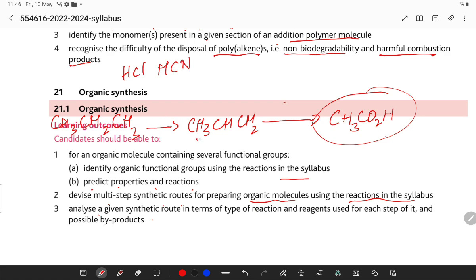So this is alkene, and alkene changes into carboxylic acid, and which reagents and conditions are required over here and over here. This is cracking and over here oxidation with acidified potassium manganate. So different formations of different organic products are required, and you should know their reagents and their different conditions.